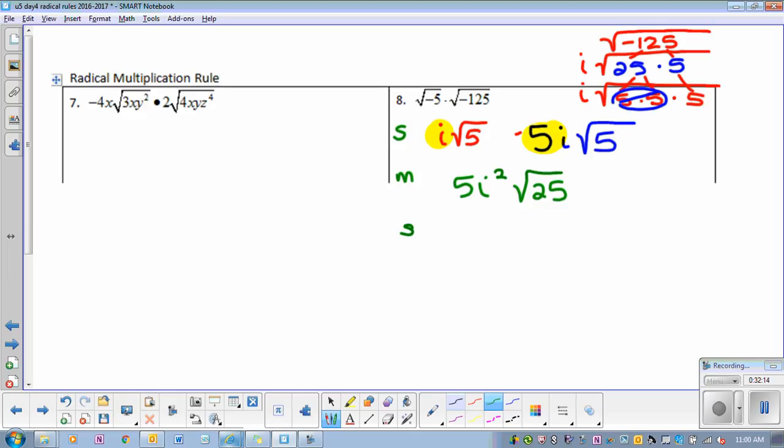Now, let's simplify again. So we have the 5 that comes down. What did I tell you i squared is? -1. Okay, so -1. And then what is the square root of 25? We get a nice, pretty number. 5. So what's 5 times -1 times 5? Negative 25.